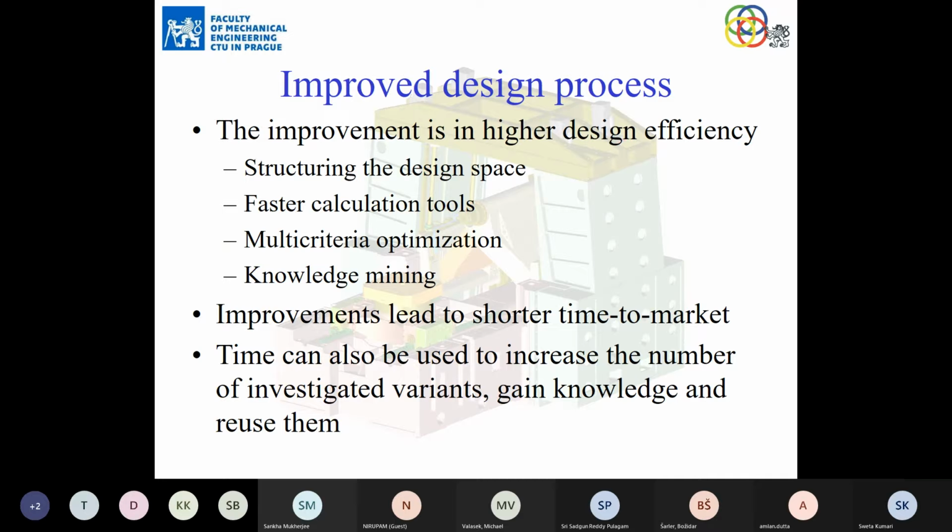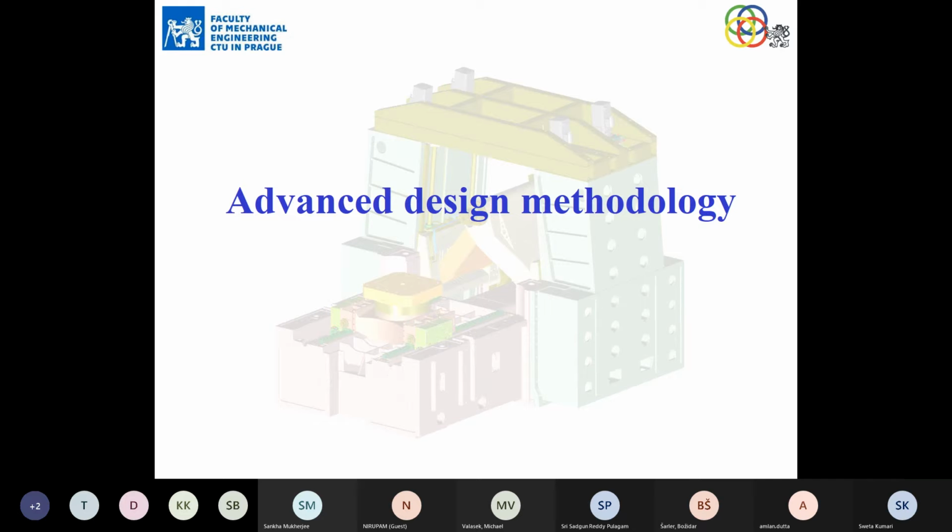And this can lead to shorter time to market on one hand, or vice versa, you can keep the same time to market, but increase the number of variants that you would investigate, and by that way increase the quality of your innovation based on gained knowledge and reuse it.